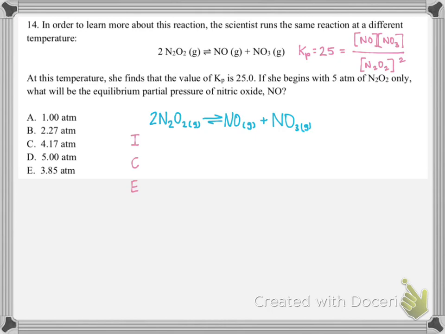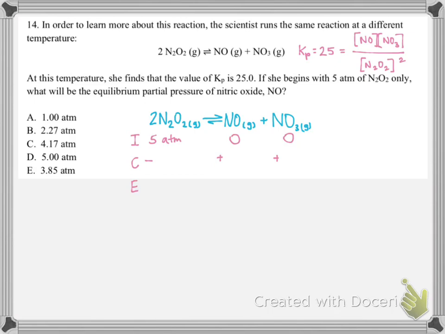We can put in our initial values: we have our 5 atm here, and then we'll have zeros for the other side. I don't have any of this stuff to begin, so I must be making some of it, so that'll be positive, and we'll use some of that up to do it.